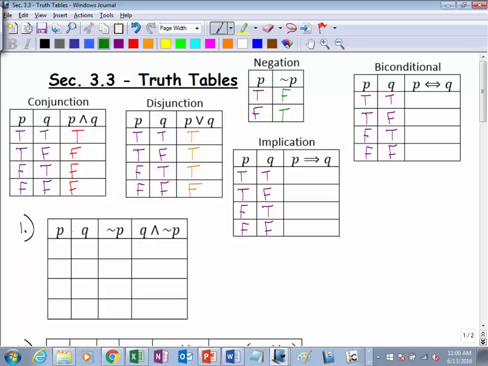Now for the implication, this is the one where it gets a little bit more interesting. So if P, then Q. P implies Q. For example, if I go to the store, I will buy milk.